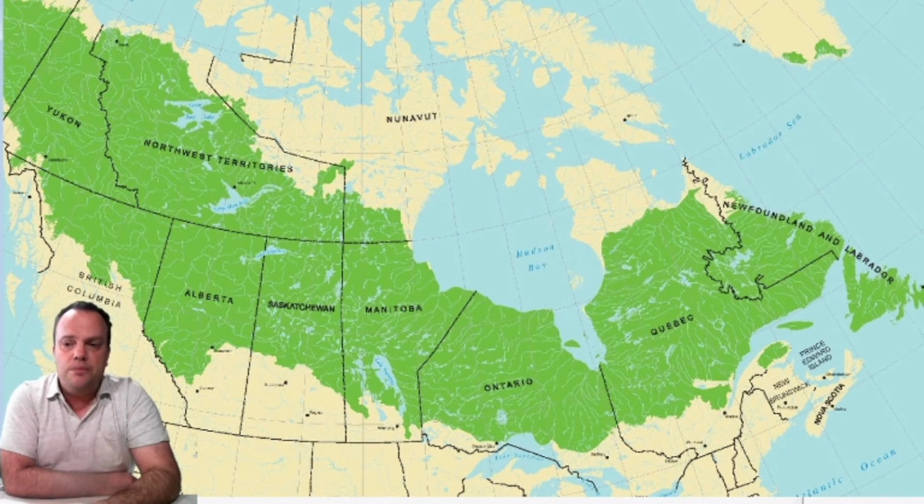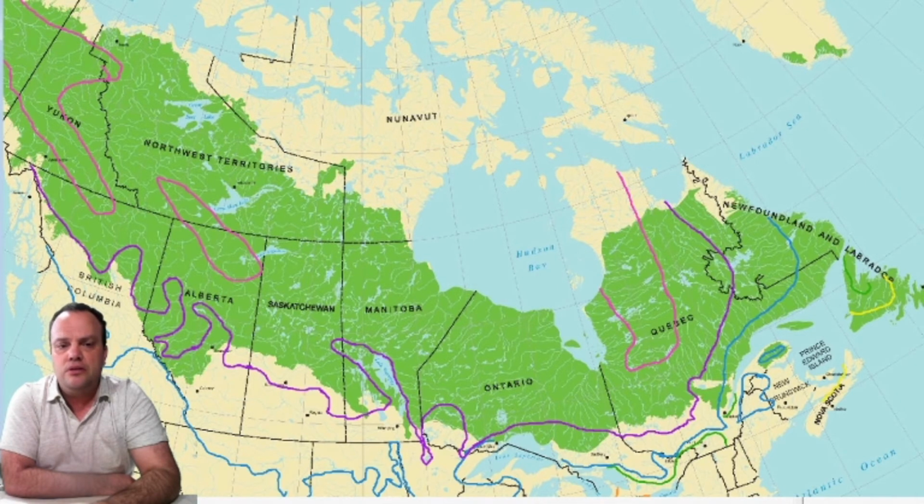So if I put in the lines for the USDA hardiness zones here, you can see that there is absolutely no correlation between the borders of the boreal forest and the hardiness zones. This pink here, above that is zone 1, above the purple is zone 2, above the blue is zone 3, green is zone 4, blue is zone 5. So down here on the Avalon Peninsula of Newfoundland and the south coast, that's zone 6.